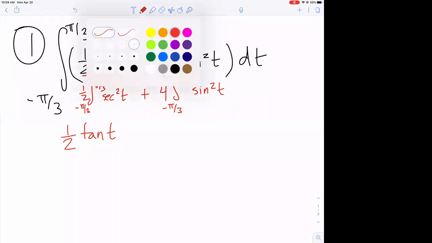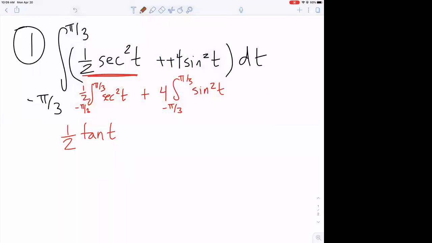On this one, I probably would just NINT, but this is what Joel was doing so that you can know. Sine squared t is equal to 1 minus cosine squared, right?